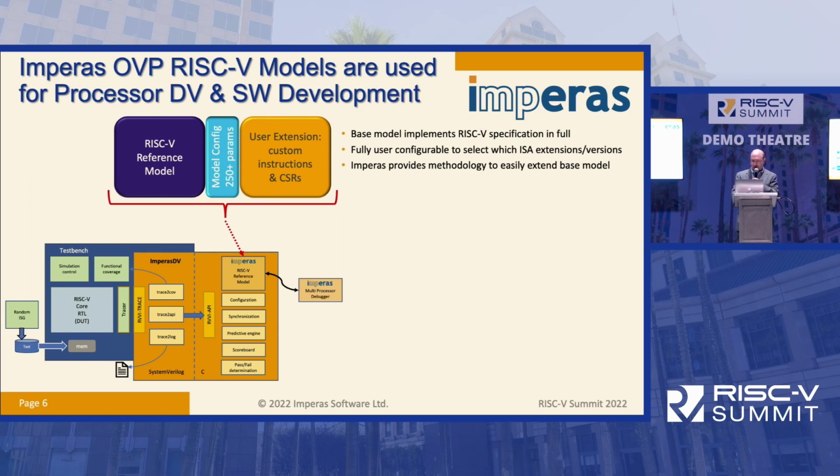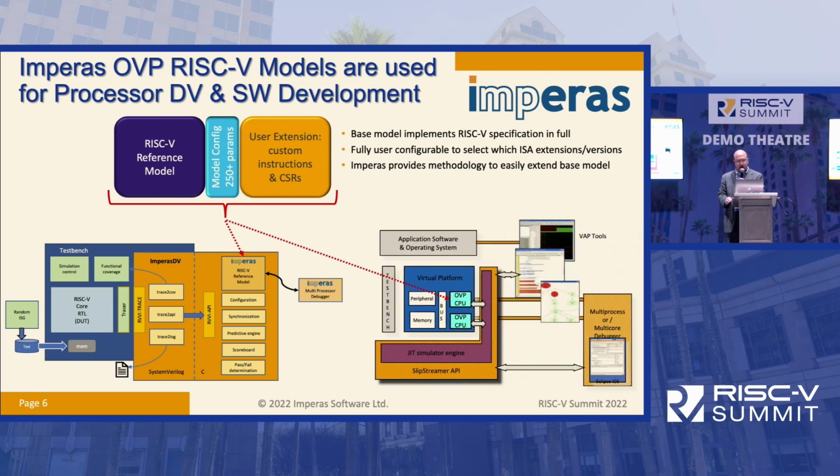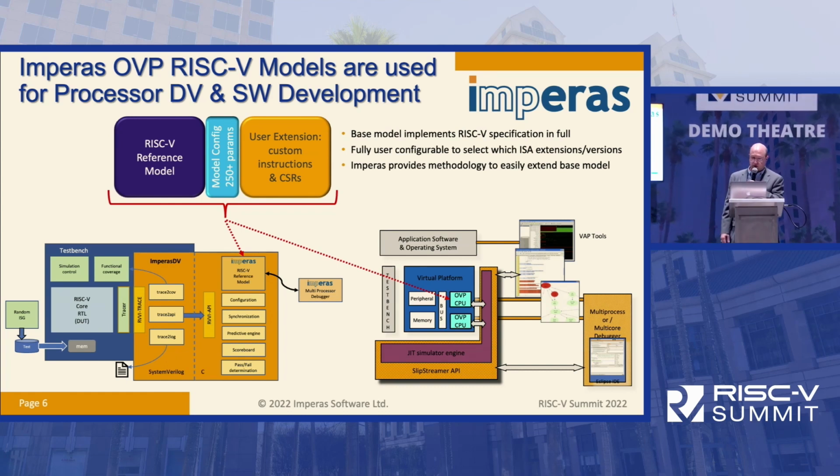That's the DV flow there, and then the second is the virtual platform or software simulation environment, and there again we've got the same reference model. Apologies, showed it in a different color there. We can actually model the full SoC, including behavioral and peripheral models.